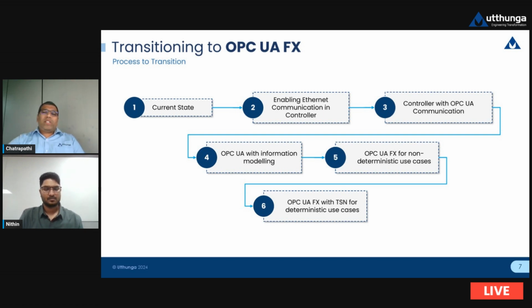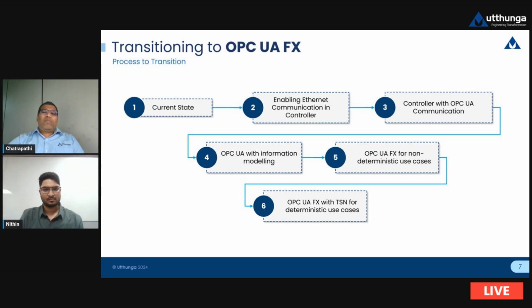And step by step, when we look at it, the first step would be to have a standard Ethernet as the physical layer, and then having OPC UA enabled for the communication.